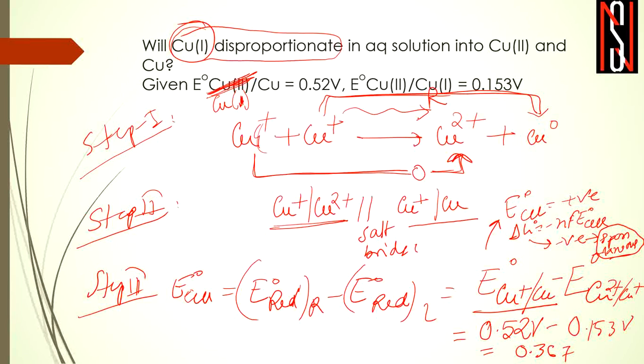Now if E0 cell is positive, then del G0 would be negative, which determines the spontaneity of the reaction. Now in this case, E0 cell has come as positive, so del G0 is negative, which means that copper 1 will undergo the disproportionation reaction in aqueous solution to give copper 2 and copper.